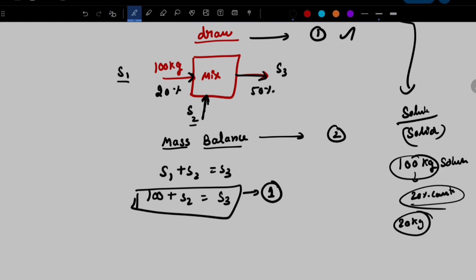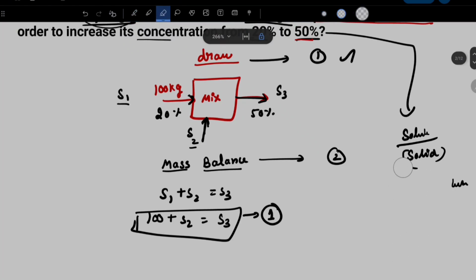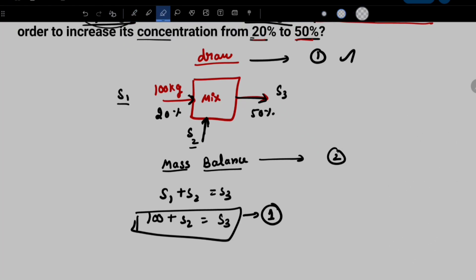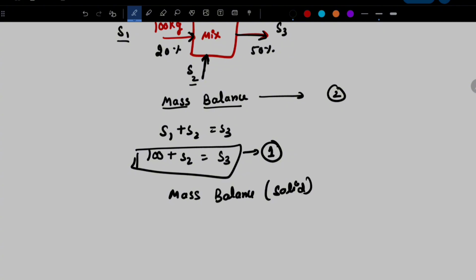That's what the concentration means. If I apply that same principle here and do the mass balance again, this is the mass balance for solids.